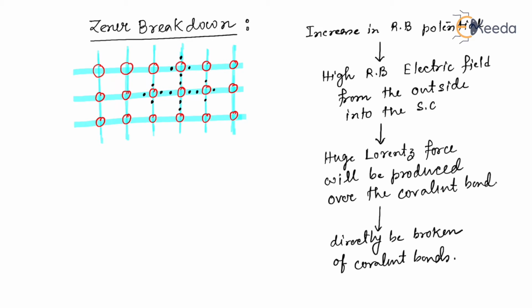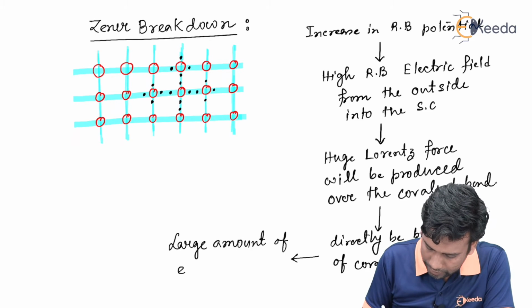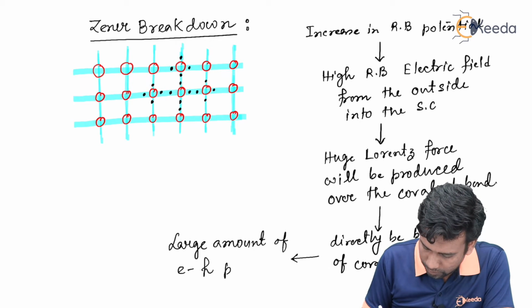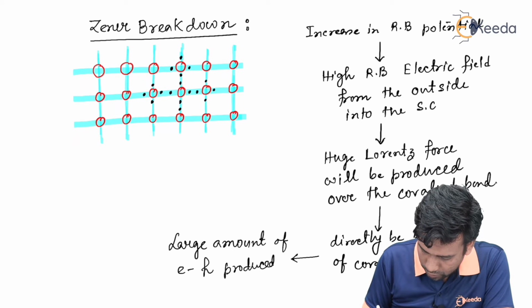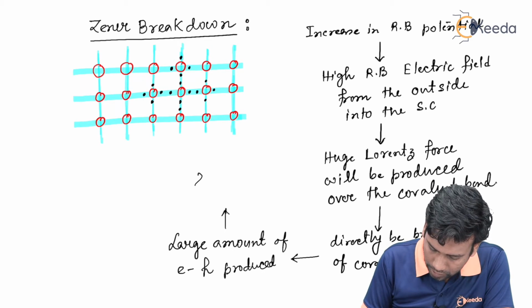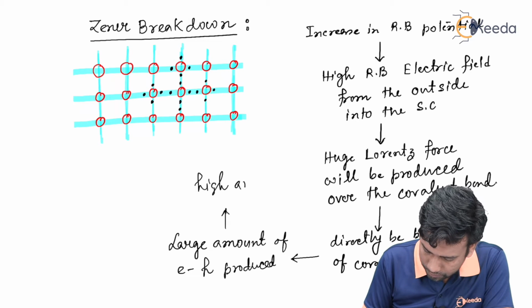That means by the application of a huge reverse bias potential, we directly rupture the covalent bonds, and due to this direct rupture of covalent bonds, a large amount of electrons and holes will be produced, which will give a high amount of current.